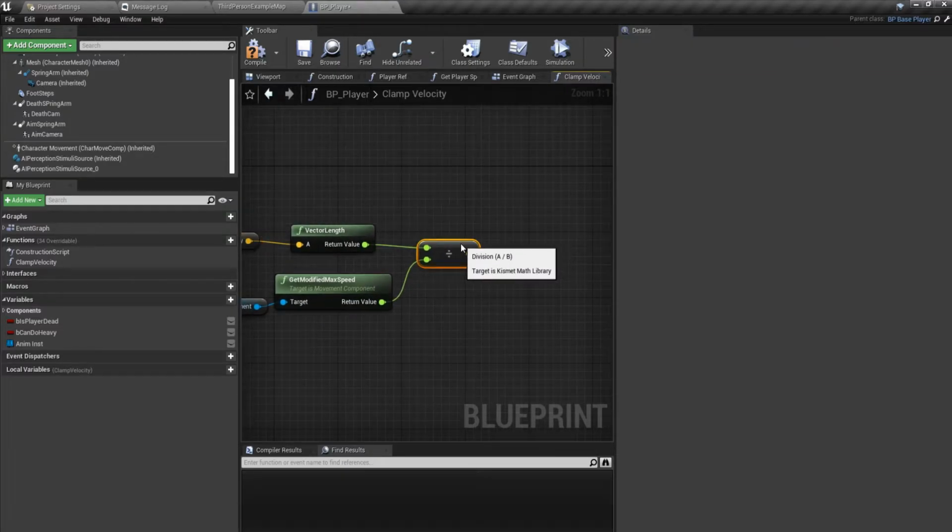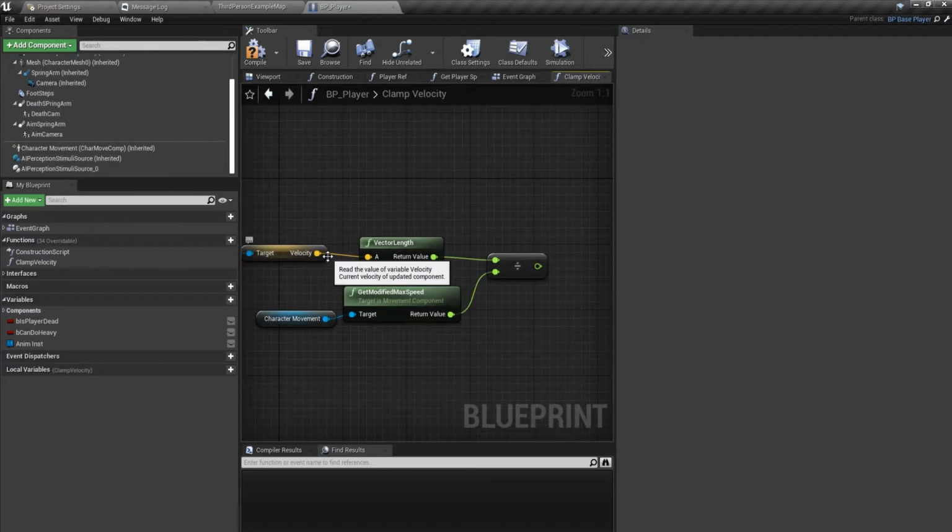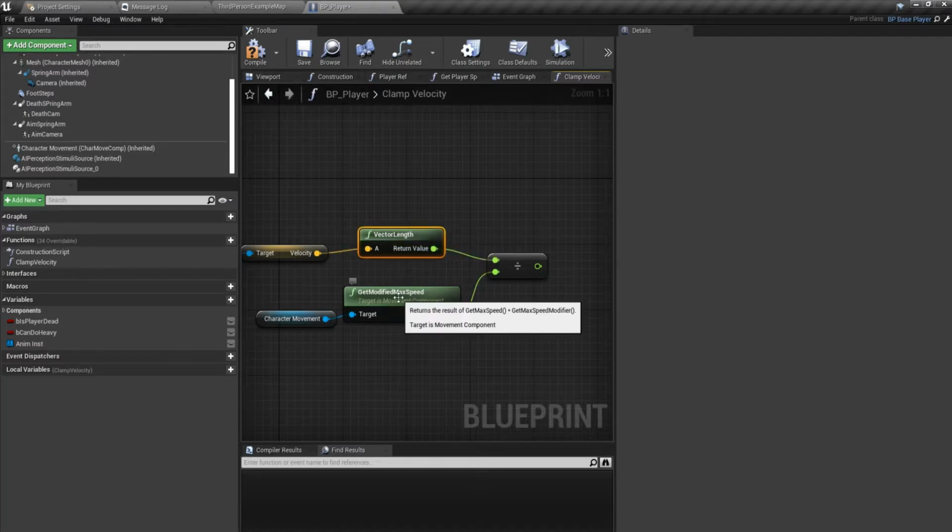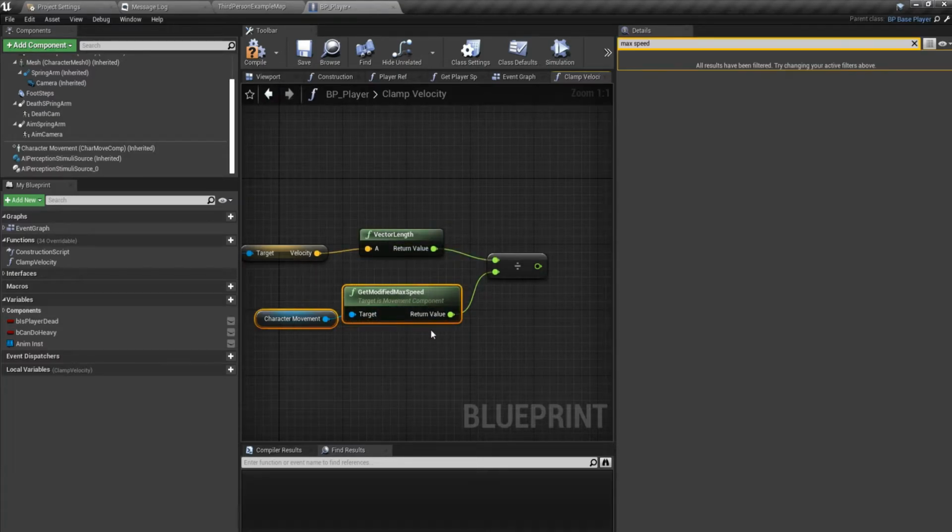So why are we dividing this? Because let's say at any given instance our speed is 1200. If I divide it by, let's say I'm sprinting, it's 600, so 1200 divided by 600 is 2. So it is actually greater than 1, right?